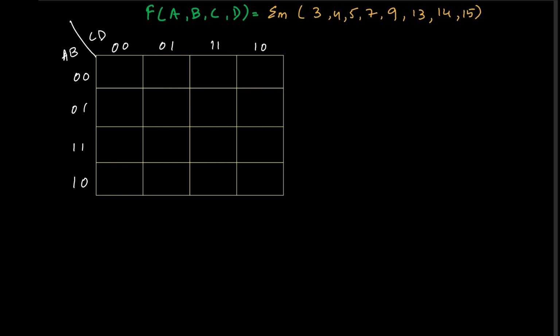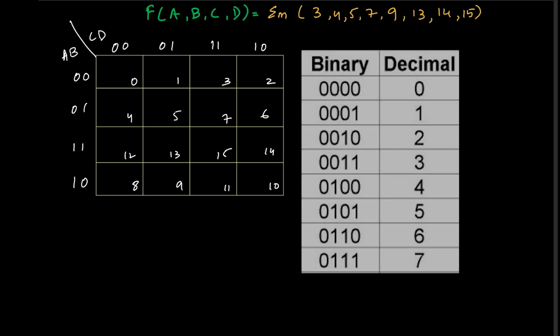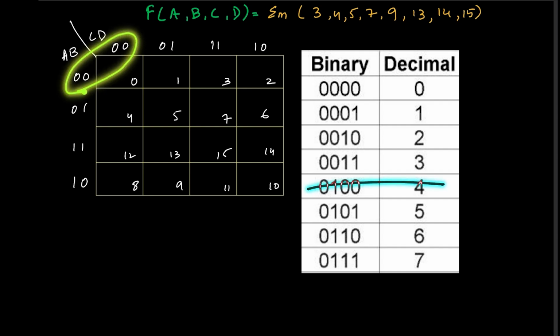And we will need the help of a decimal to binary chart for the arrangement of numbers 0, 1, 2, 3. From the chart we can reassure ourselves whether we are going right or wrong. Here 0 0 0 0 is equal to 0, right?